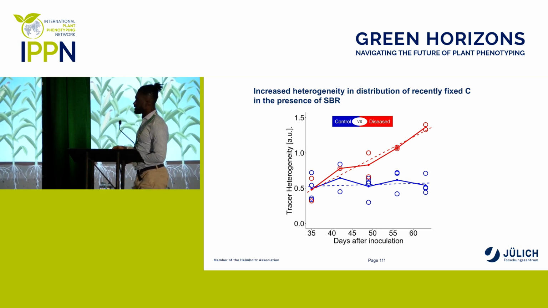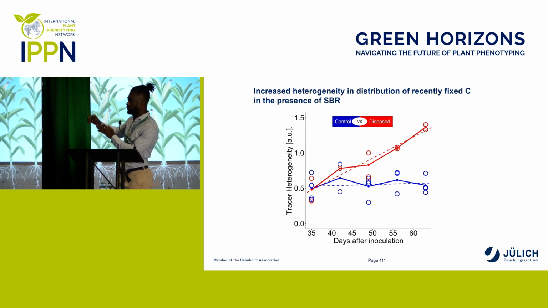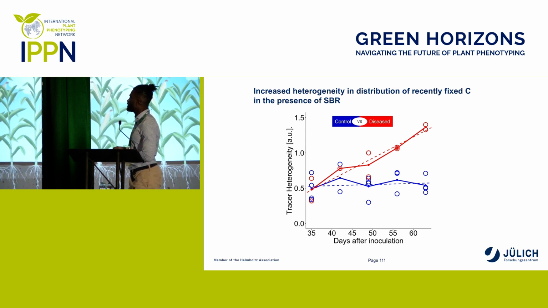We did this for each beet sample, and every circle I'm showing here represents 10 spatial slices. Like in the video, I was showing a couple of slices, but here we did it for 10 different slices for every sample.